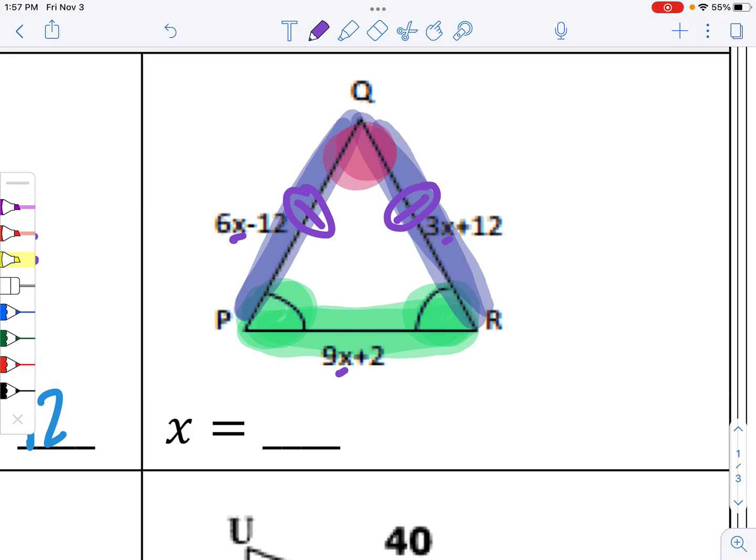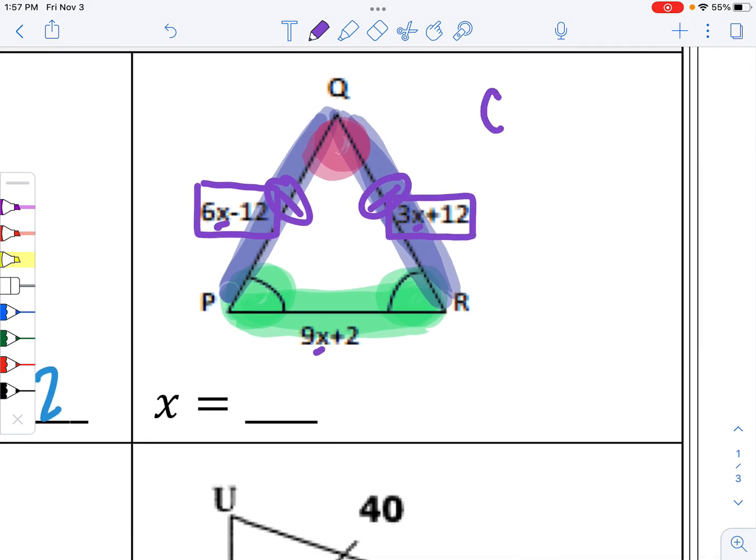On this problem, they are trying to confuse you. What they're really trying to do is make sure that you understand the concept of what legs I can set equal and what legs I cannot set equal. The base is not necessarily the same length as the legs. Now it can be, in which case we could also call it an equilateral triangle, but the only ones that are marked congruent that have an x in them are these two.